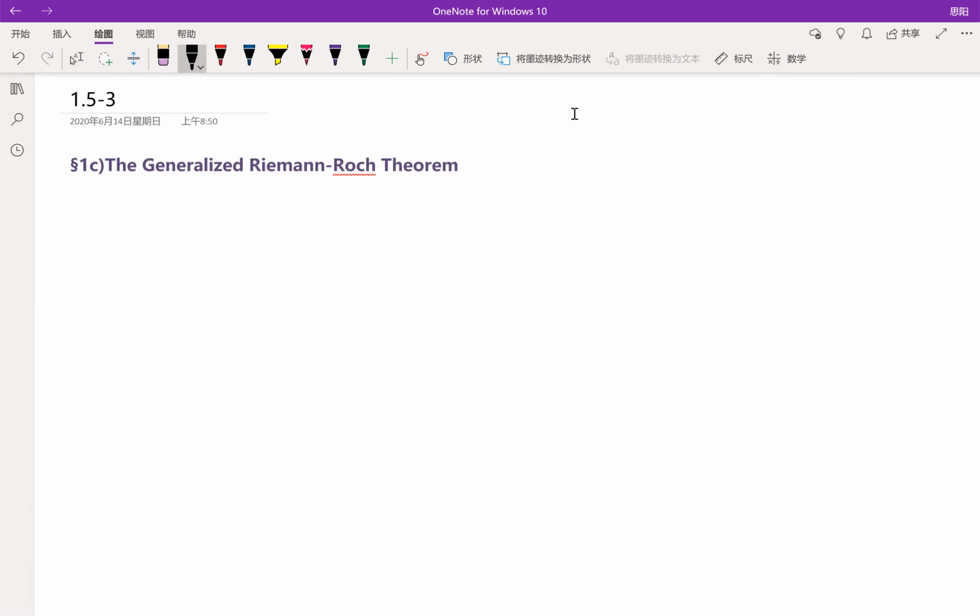Some differential geometrical notions. First, we set sigma to be a compact Riemann surface with boundaries.